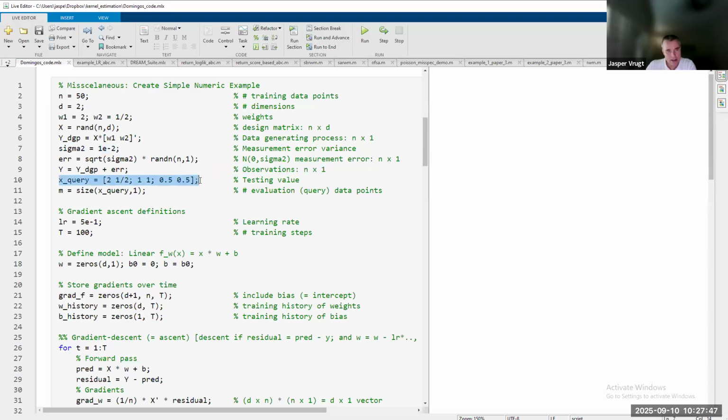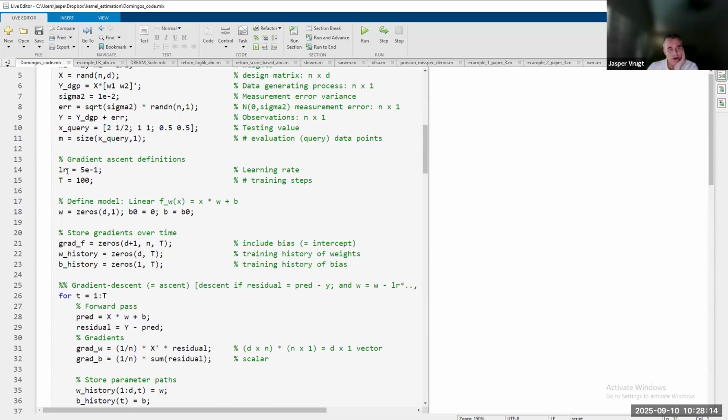Then I create what ChatGPT called query samples, evaluation samples. So I have 1, 2, 3 samples at which I want to evaluate my network, which in this case is going to be linear regression, and at which I want to evaluate my kernel as a comparison. So here I ask, how many training samples do I have? M. Learning rate, I set it to 0.5.